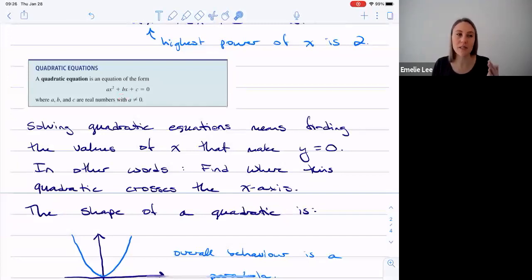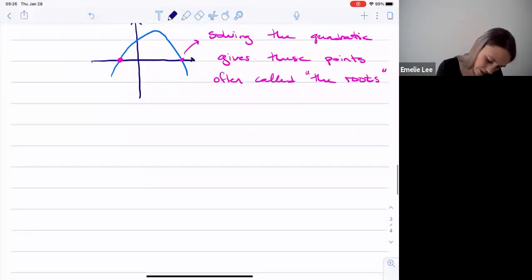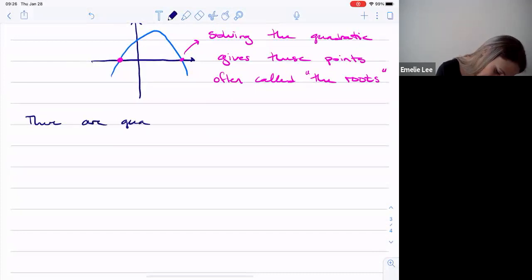There will be cases where there are no solutions. So there are quadratics with no solutions.